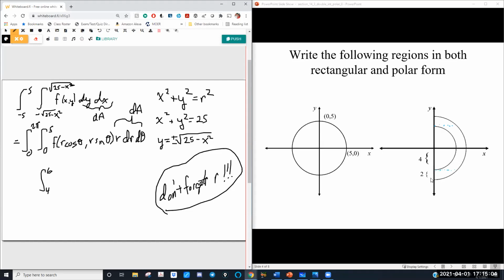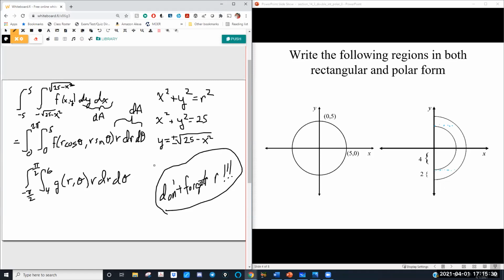From 4 all the way to 6. Theta is going to go from negative pi over 2 to pi over 2. And then we'd have our function g of r comma theta, r dr d theta. Okay. So hopefully you're getting the idea right off the bat.